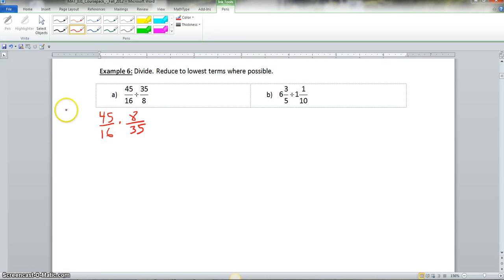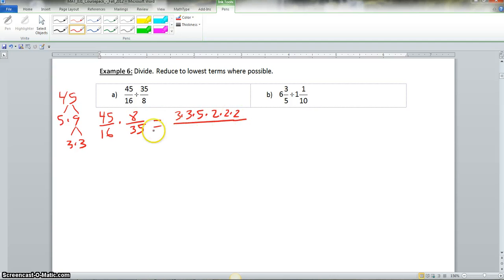Now, 45. We can take the prime factorization of 45, which is 5 times 9. And 9 breaks down to 3 times 3. So the prime factorization of 45 is 2 3s and a 5. Now the prime factorization of 8, we already know from previous problems breaks down to 3 2s.